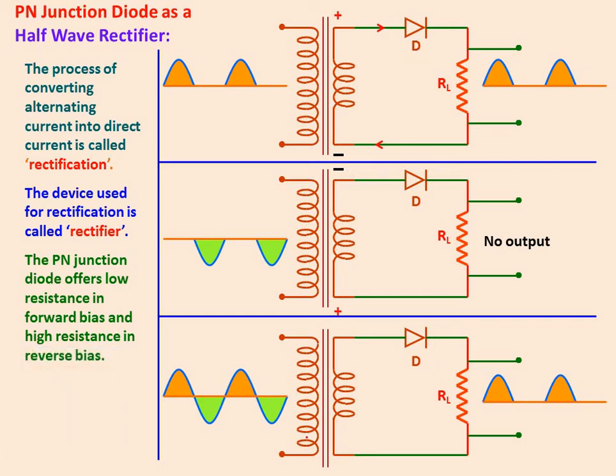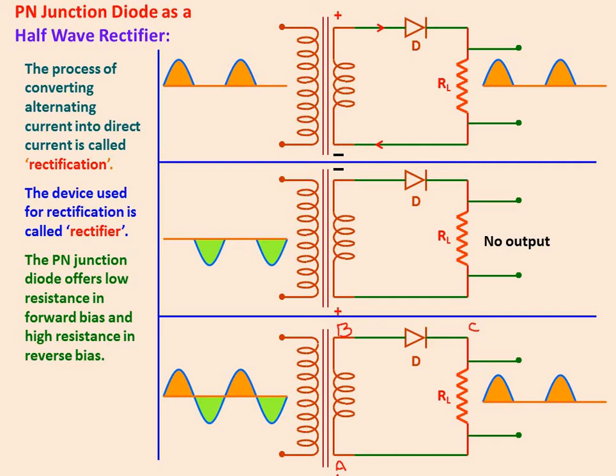Let's call this A, this B, and this C. Here again we have a diode D. Are we clear with this? So now at points A, B and C, with no confusion with the diode D.